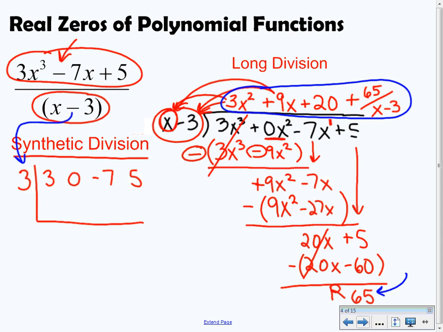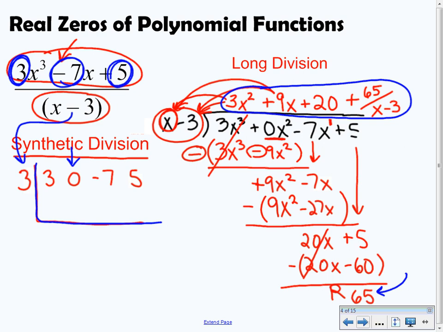And then I only take the coefficients of what I'm dividing, and I remember that I need to have, very important, this is the one thing that's forgotten sometimes, I need to have that placeholder for, in this case, I'm missing an x squared, so I need a 0 there. All right, and then I kind of do this kind of upside down division symbol in a sense, and I leave some space. I'm going to put some numbers under these numbers here.